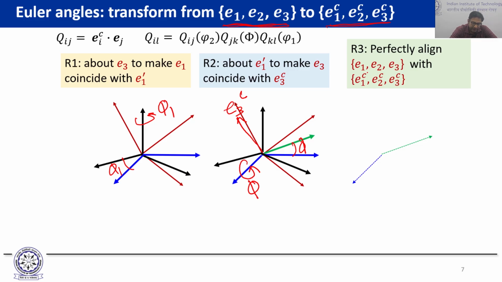So here the idea is to perfectly align E1, E2, E3, which is the coordinate frame for the sample, with E1C, E2C and E3C, which is the coordinate frame of the crystal. And that we do by doing another rotation over here, so that you end up with this E1C and E2C.